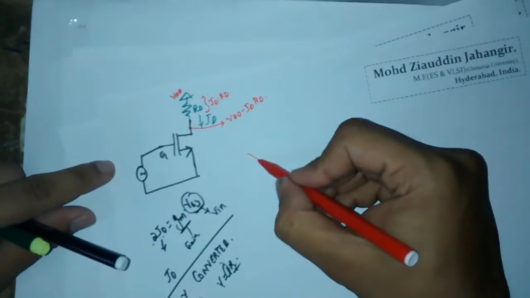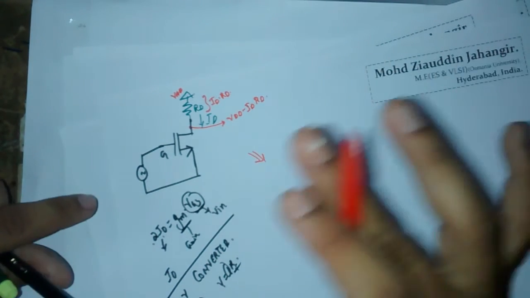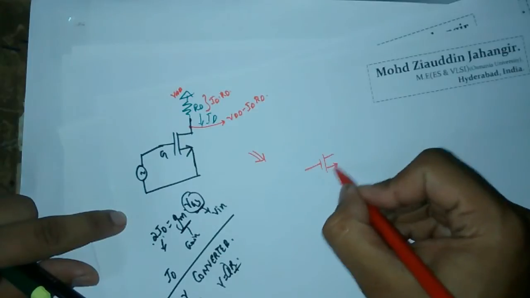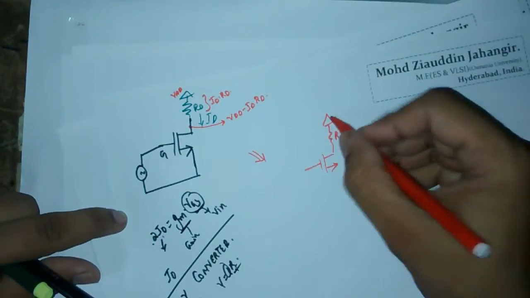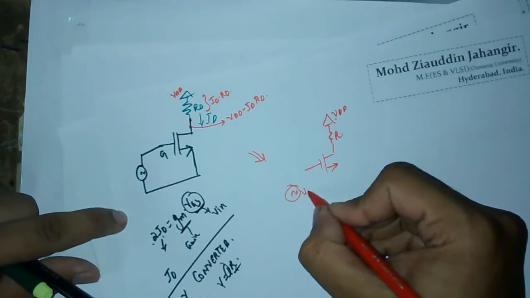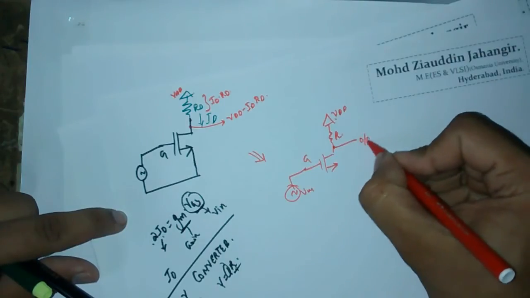So we have synthesized a simple amplifier, that means a common source amplifier. So a simple common source amplifier is going to look in this way. It is going to have a resistor here. So this is going to be VDD. The input voltage is applied to the gate, and the output is taken from the drain.